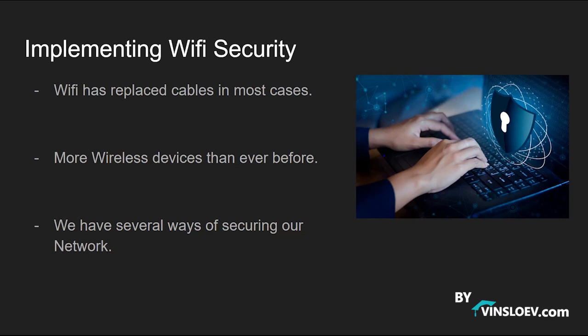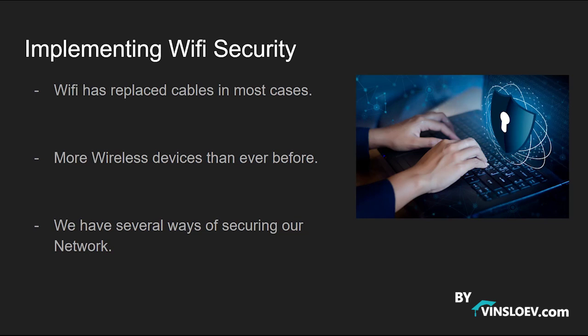So now that Wi-Fi has become such a popular thing, we are facing a security threat that we did not have with the cable, because when we were using cables only, we had an easier time controlling who had access to our network, because basically they needed to plug a cable in the device that then connected to our switch or hub or router in order to be connected to our network.